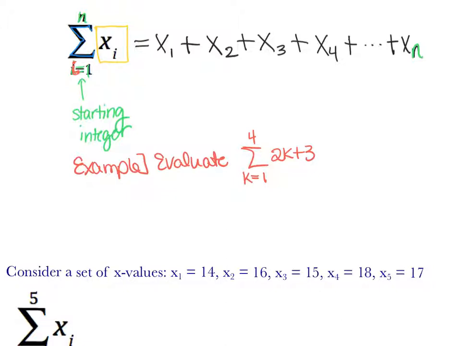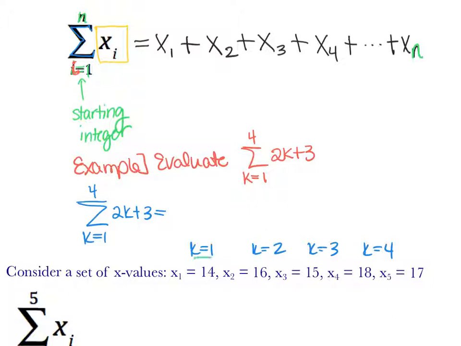This means I'm going to start by plugging in k equals 1, and I'm going to plug in every consecutive integer all the way up until 4. So some people might like to set this up by knowing I'm going to plug in k equals 1, 2, 3, and 4. And let's start by just plugging in those values.